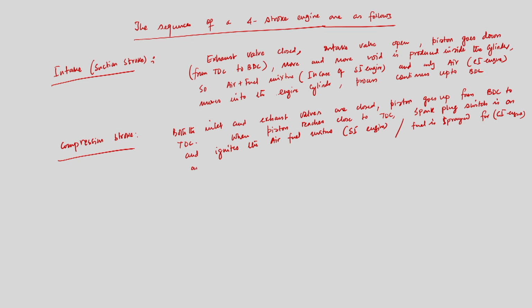Now, fuel is introduced whenever the piston is close to TDC, at the end of the compression stroke, and it initiates combustion; fuel is sprayed for a CI engine and combustion initiates. Right, this is what is important.